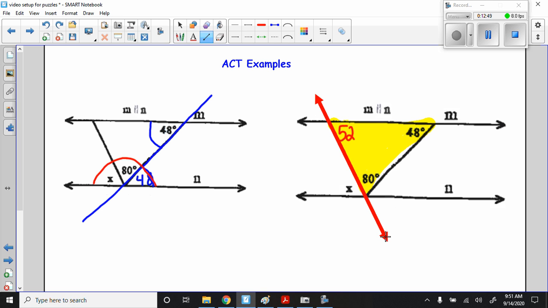So this is also a transversal, and these two are alternate interior and equal. And the X would be 52 here, and X came out to 52 here as well. So there's multiple ways to do some of these puzzles.